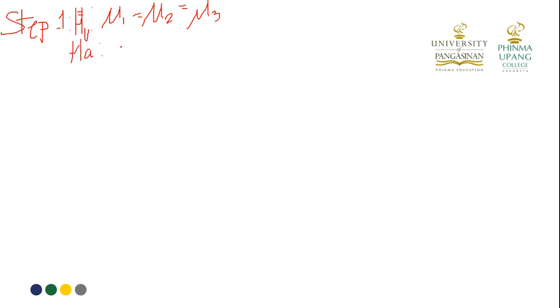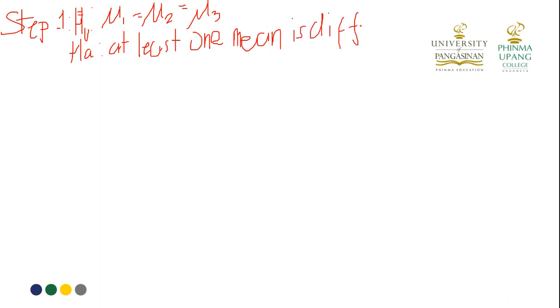Tapos yung HA naman, yung mahaba, at least one mean is different. Shortcut ko to, different from each other. Yan. Sana all different. So step number 2.